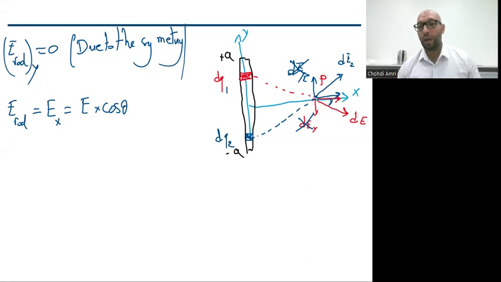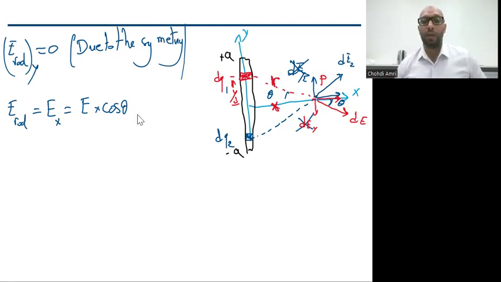Where is our theta? Let's take this vector in red, and theta is also here. Let's now try to determine our distance x. The distance x is from the origin to the point P, and the distance r is from dq to the point P. Let me call y the distance from the origin to the point dq along the y-axis.